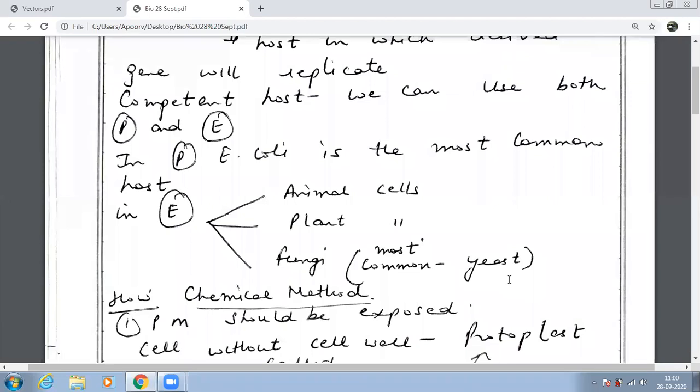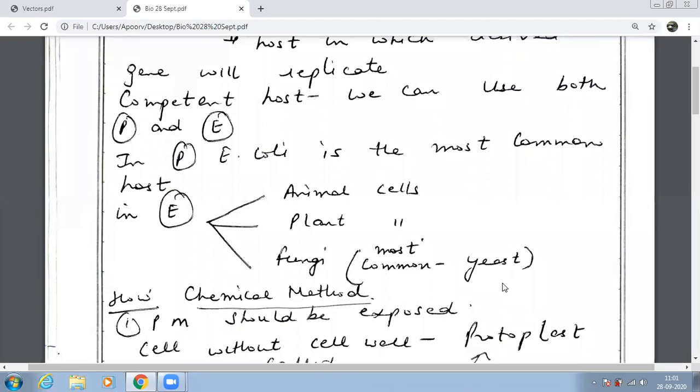How to make your host competent? Or the question comes as how to create a competent host organism or how to make a competent host organism. There are many methods. Okay, before I tell you the methods, what do you mean by competency? Competency means the ability to take up a foreign DNA and to ensure that the DNA replicates.